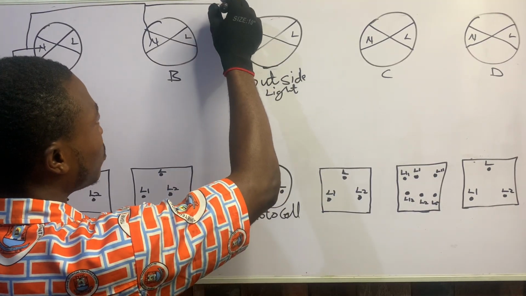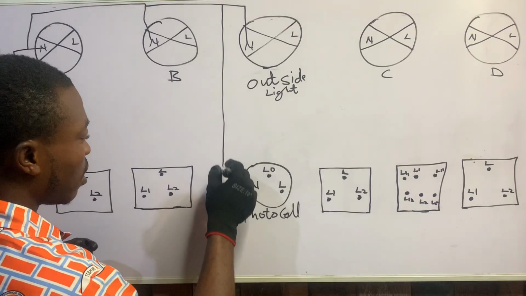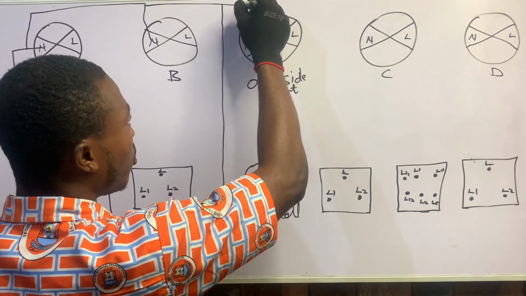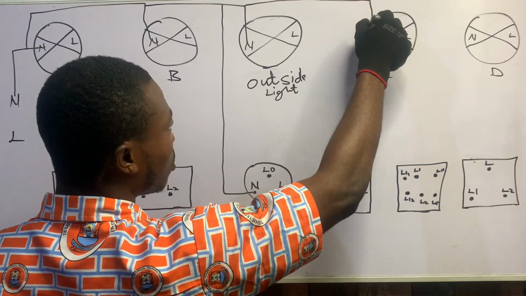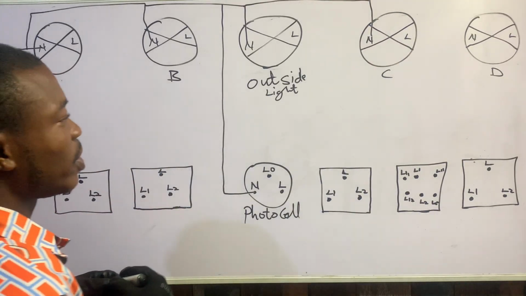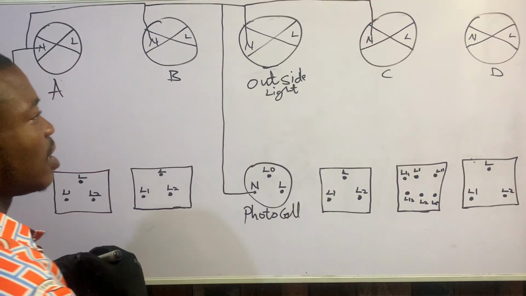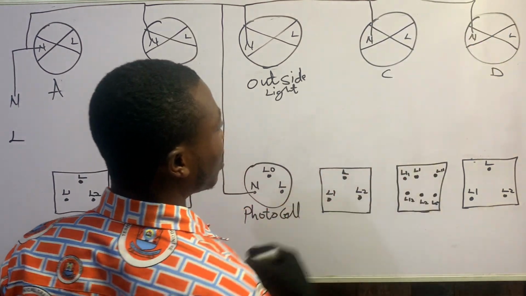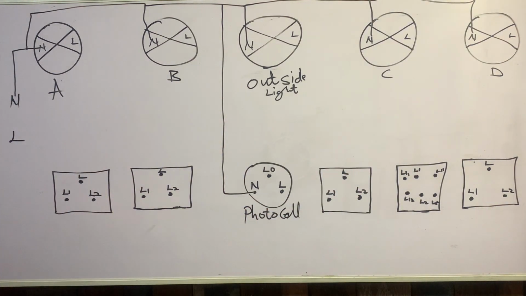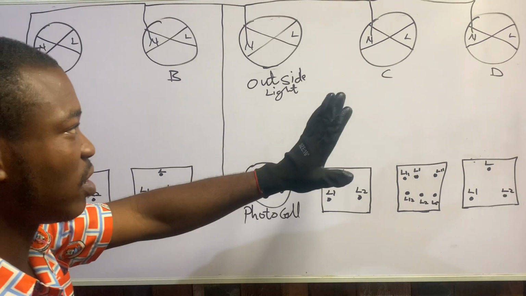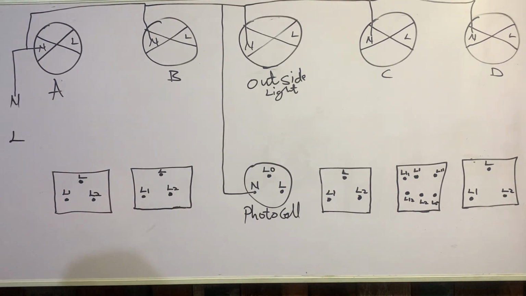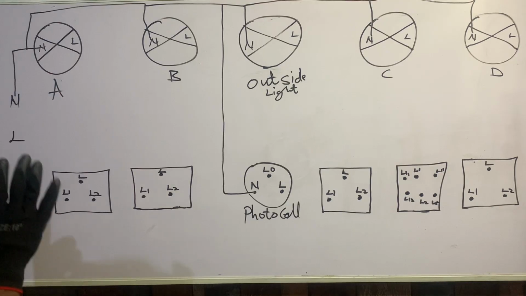For the outside light, we need to connect neutral to our photocell. Then we bring it to this terminal, which is lamp C, and then this is lamp D. Now we are done with the neutral connections, because I told you the neutral is common.